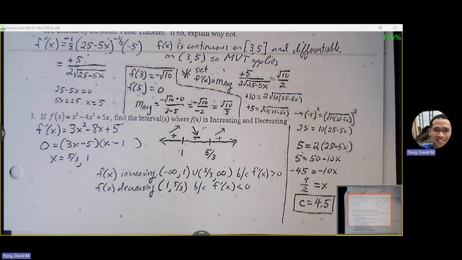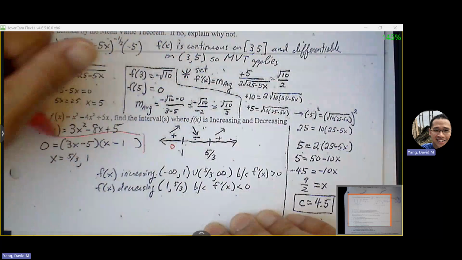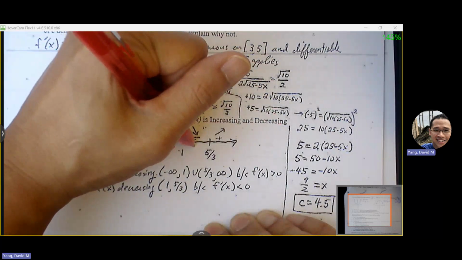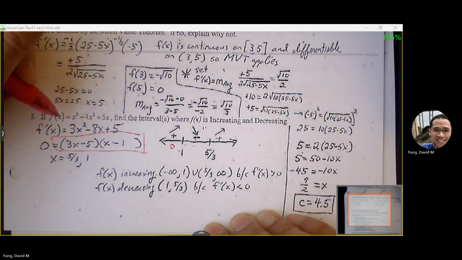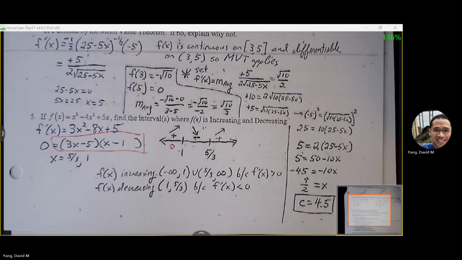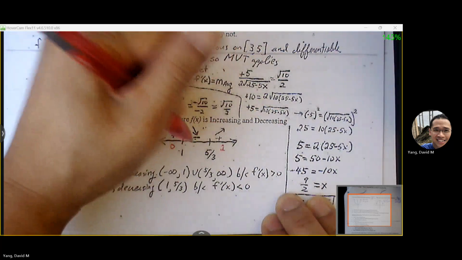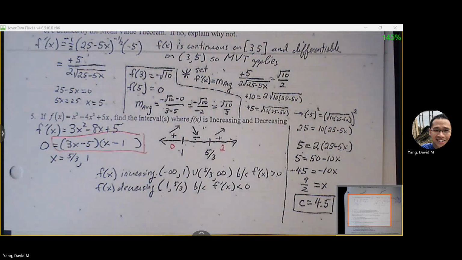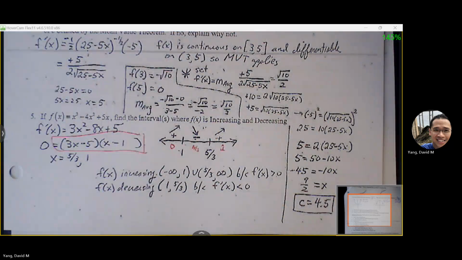When you test your numbers on your slope sign line, they're going to be testing against f prime, right? Your factored form of f prime. I just chose a decimal number between 1 and 5/3. I chose 4/3.